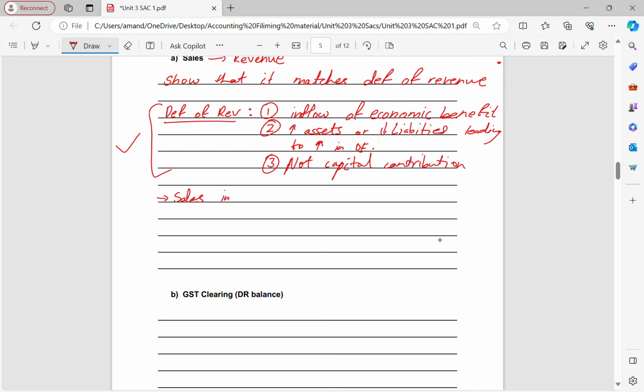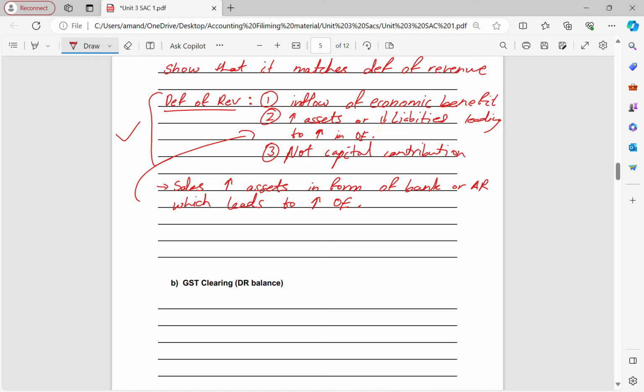Sales increases, maybe I should just put the arrow, assets in the form of bank or accounts receivable, which leads to an increase in OE. This shows an understanding of how it increases the assets.